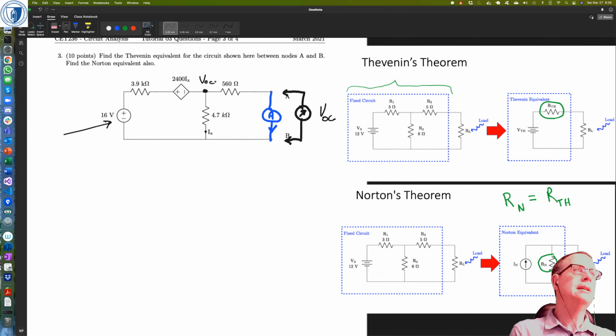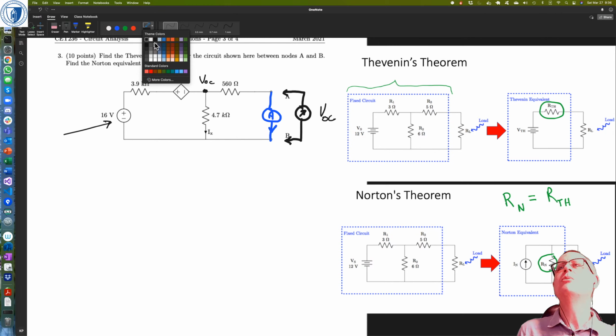Professor, when you're writing in black on a screenshot or a file, when you're using dark mode, that shows up as white for us in OneNote. Oh, does it? Yeah, that's no good. I'll avoid using it from now on.